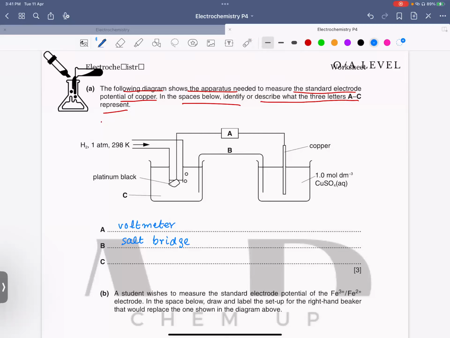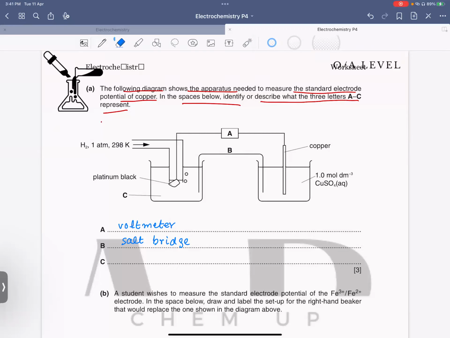Now see, on the right hand side, we have a copper electrode and copper sulfate. On the left hand side, we have platinum black, which is an inert electrode, but we are introducing hydrogen gas. So what would C contain?